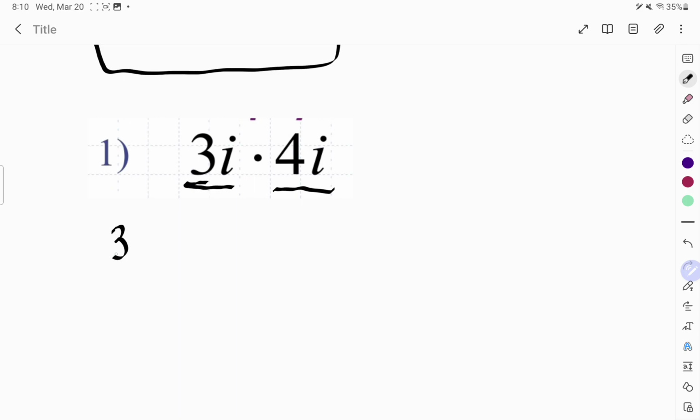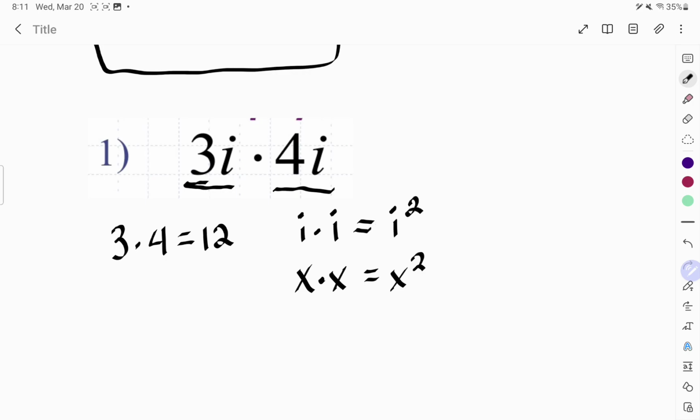So we're going to do 3 times 4, which is going to give me 12. And then I'm going to multiply i times i. Now, just like x times x gives x squared, i times i is going to give me i squared.